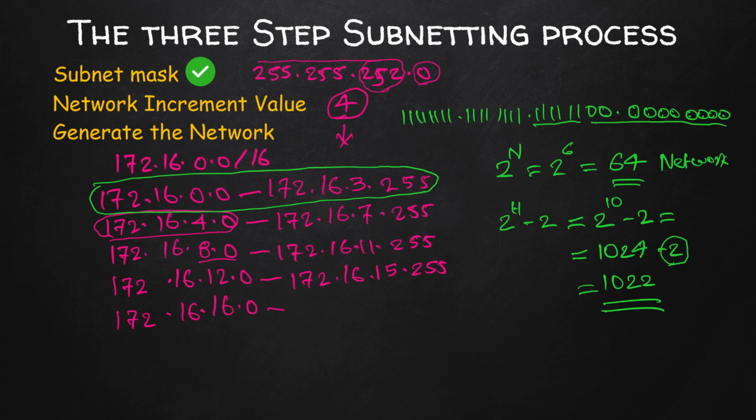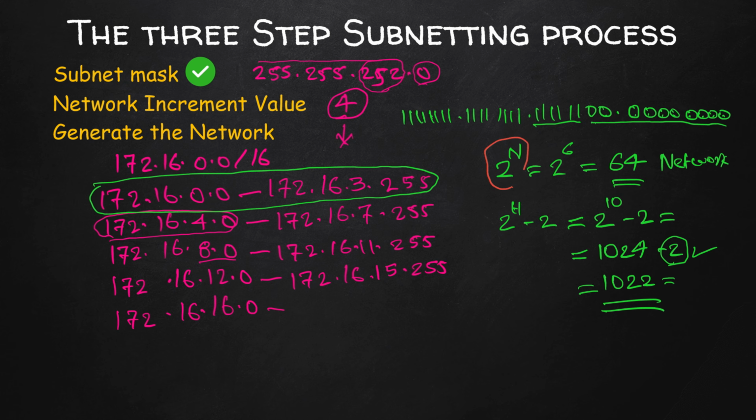In the same way, the broadcast ID you also cannot assign to any device because it is used for broadcasting purposes by the network. So in any network, the first IP address is considered the network ID and the last IP address is considered the broadcast ID. We cannot use these 2 IP addresses, that's why we reduce 2 from there. So we get the total number of IP addresses we can assign to hosts as 1022.